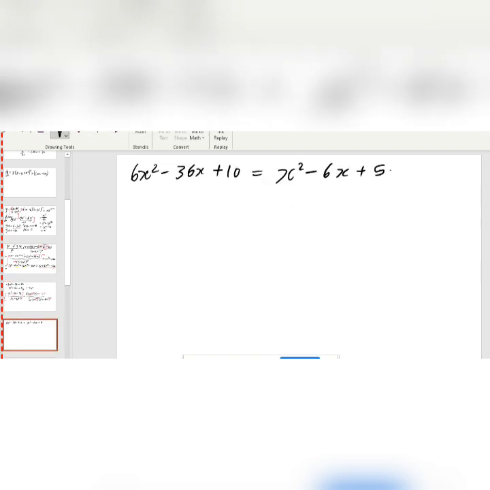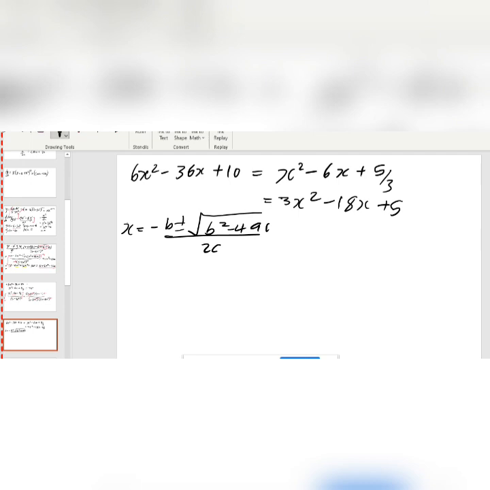Okay, 5 over 3. If you go with his formula, he said you must use this. What did we get here? It was 3x squared minus 36x plus 5 here. I think you'll get the same answer. Then you just use the quadratic equation: x is equal to minus b plus or minus root of b squared minus 4ac, all divided by 2a.